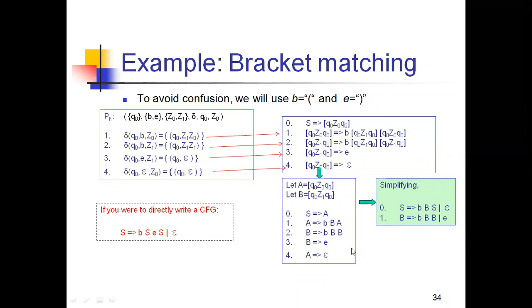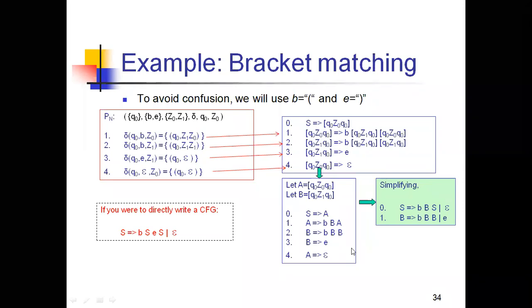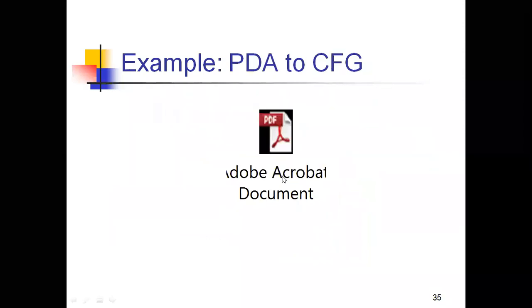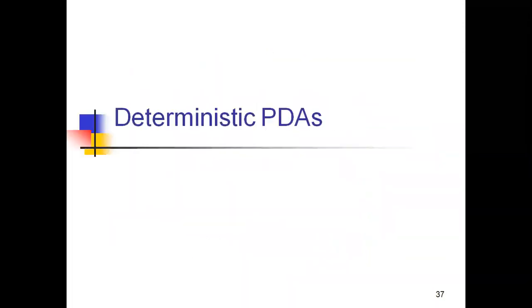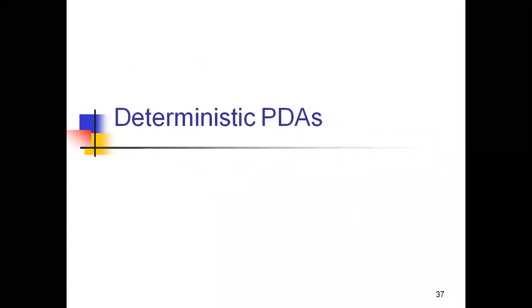In the next class, I will explain the next concept, that is two ways to build a CFG and also the deterministic PDA. I haven't explained the DPDA because whatever designs we have done up to now from the languages are all NPDA designs.